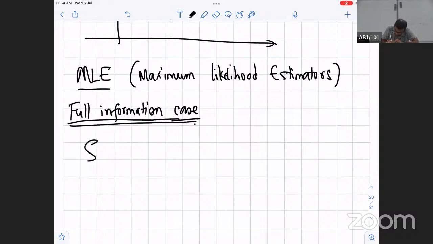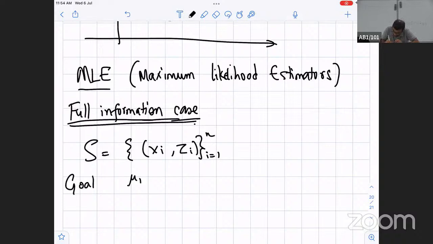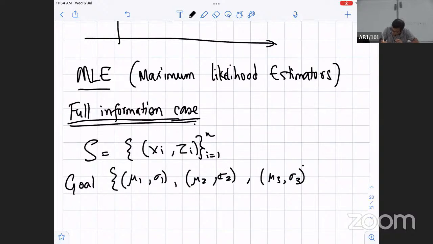Your sample data points have xi, and I am also seeing which cluster each belongs to. My goal is to learn mu1 sigma1, mu2 sigma2, mu3 sigma3. Let's assume that there are only 3 clusters.